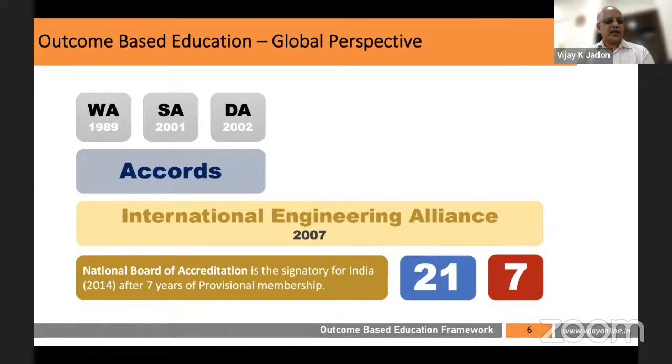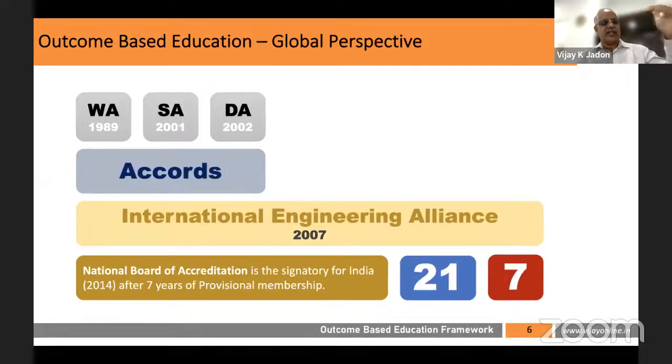So in the Washington Accord, the six countries came together on the basis that their educational systems are alike. They decided that if any graduate goes from one of these six countries to another, they will be treated similarly to the other country's professionals. That is the Washington Accord in a nutshell. But for that, something was listed, and the graduate attributes are the outcome of this Washington Accord.